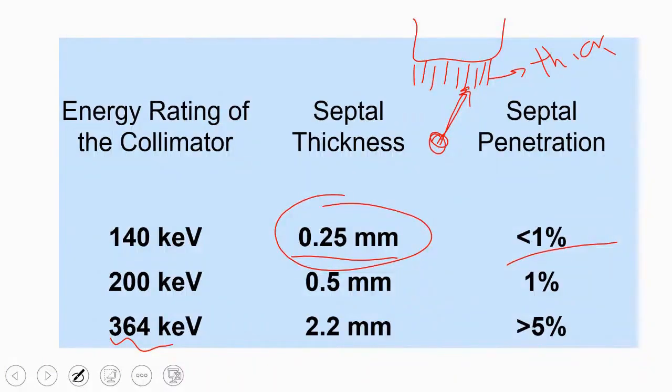The penetration rate increases slightly by 1%. For the high energy collimator, the thickness is 2.2 millimeters, and the penetration, which refers to the amount of scattered radiation that will pass through, will be over 500. However, with high energy, there must also be penetration because the energy is high.